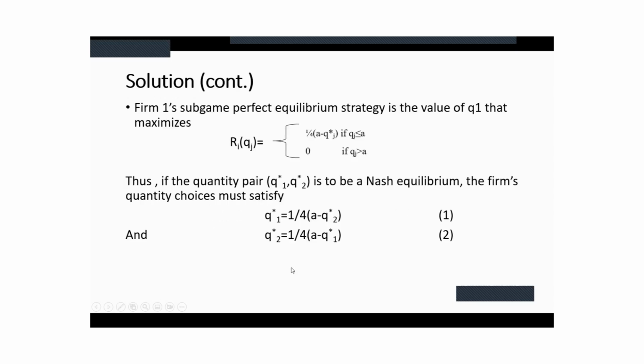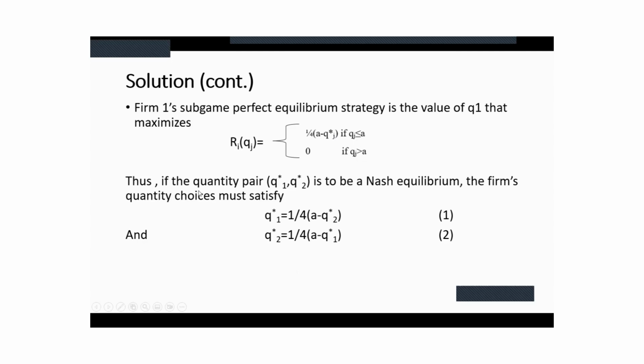In the next slide, we're going to see firm 1's subgame perfect equilibrium strategy. Firm 1 obviously wants to maximize its profit. So the response is generally denoted by Ri of qj, for firm j's output. That equals 1/4 of a minus q star j, if qj is less than or equal to a.